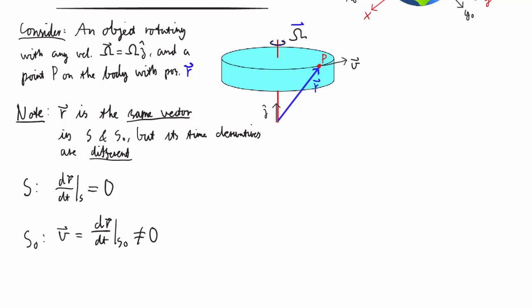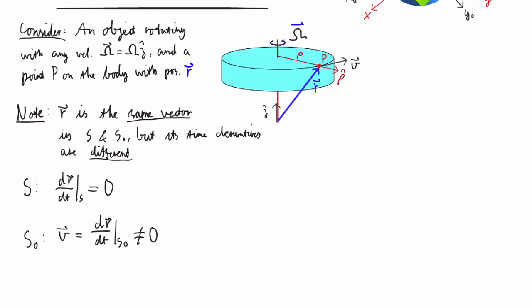I'm also going to be needing this distance here, the perpendicular distance from the axis of rotation to the point P. And that is what we usually call rho. It means that we have a rho hat in this direction.